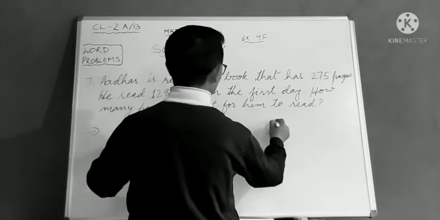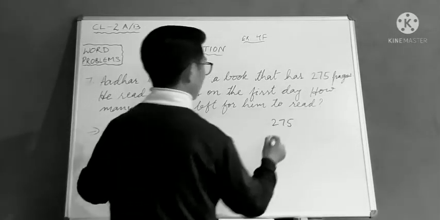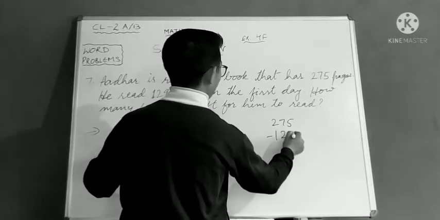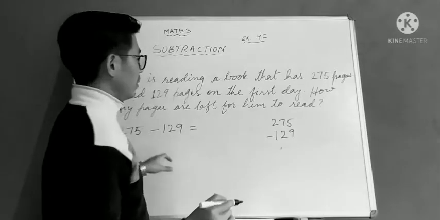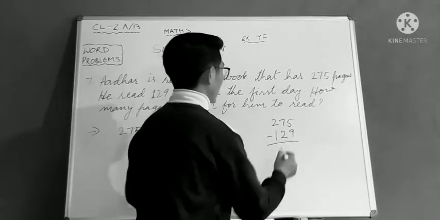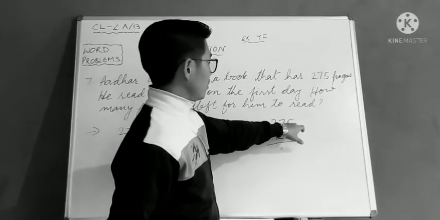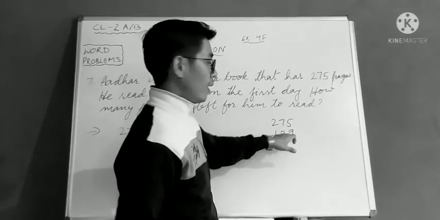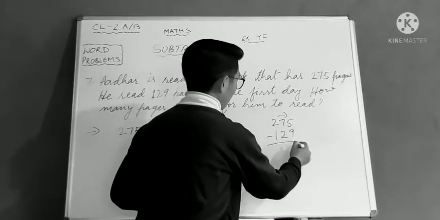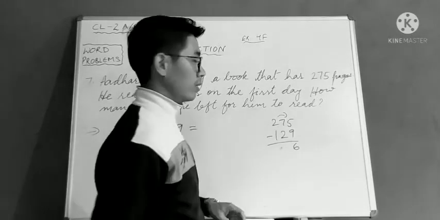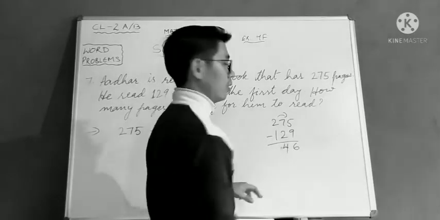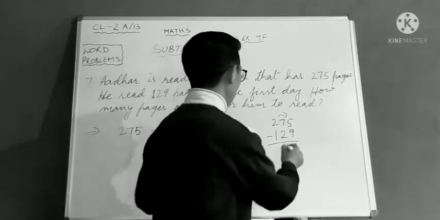So, what you need to do? 275, total number of pages, minus number of pages that he has read. Okay, let's subtract. 15 minus 9. You need to borrow one, no? 15 minus 9 is 6, and here left 6. 6 minus 2 is 4, and here 2 minus 1 is 1.